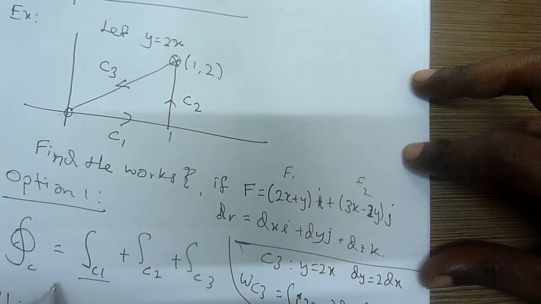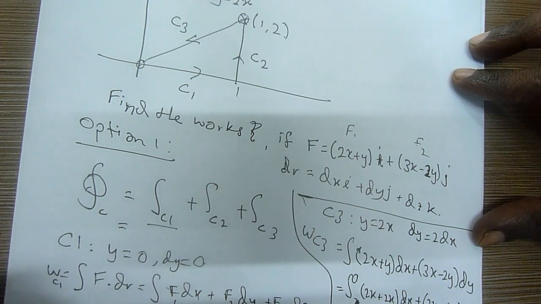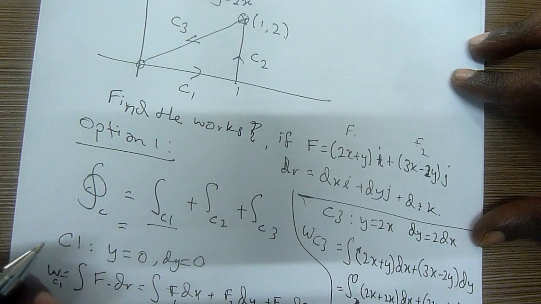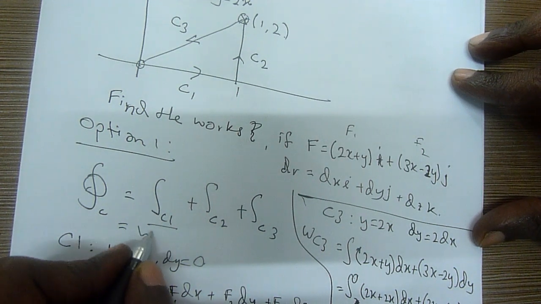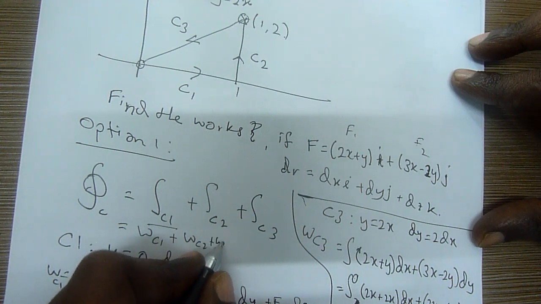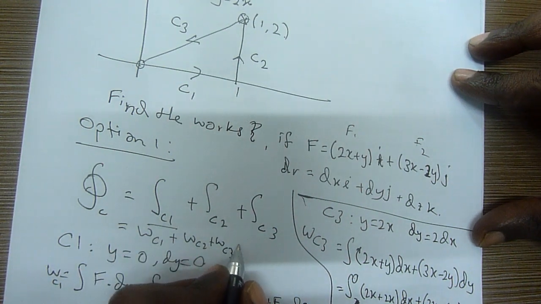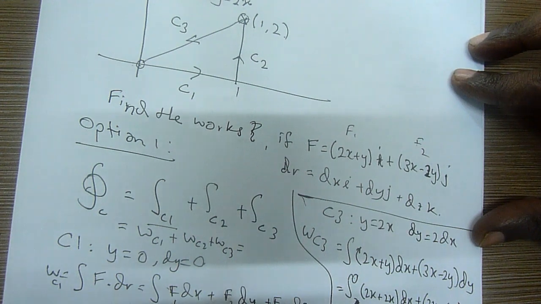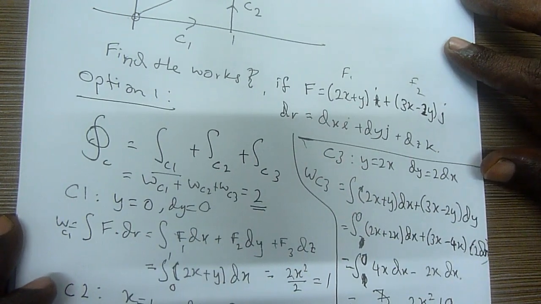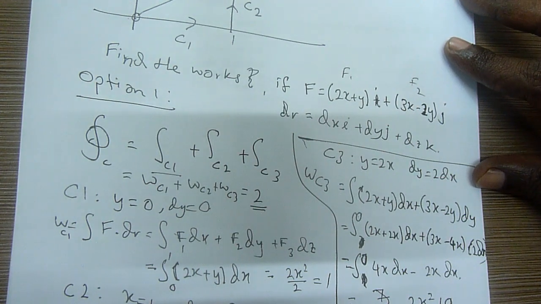When I combine the work for C1 plus work C2 plus work C3, you should get 2 as your answer. Now with that, this is a very extensive way to do this, right?